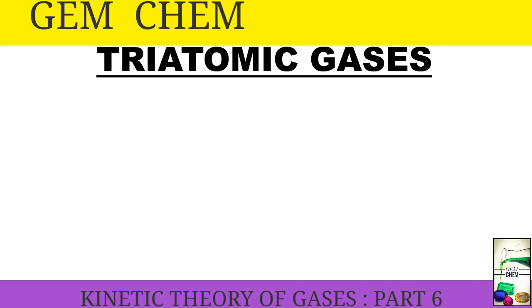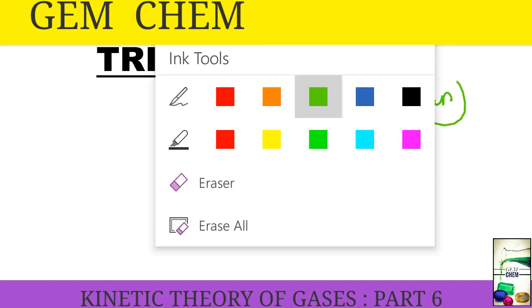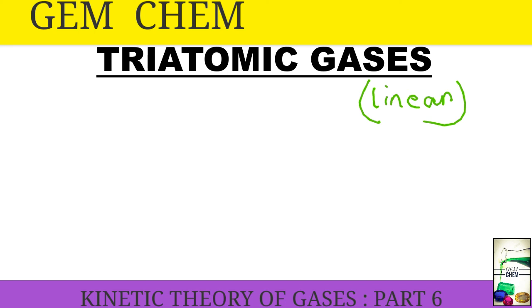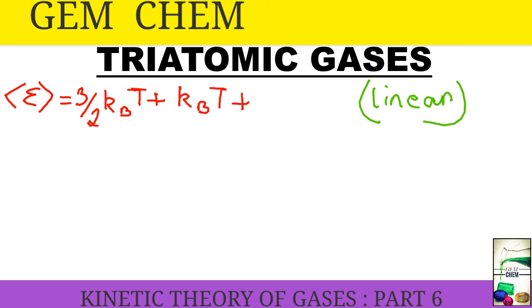For linear, we take for translational 3/2 kBT, plus 2 degrees of freedom for rotational, so it becomes kBT, and the leftover 4 degrees of freedom for the vibrational.